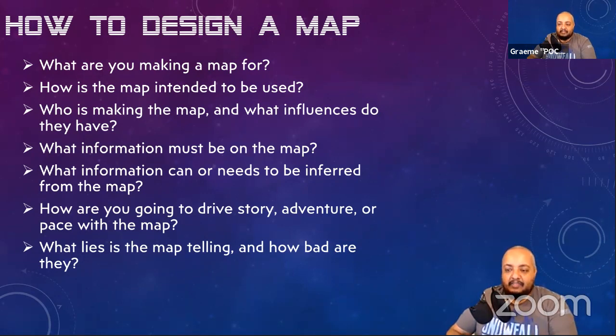Is it going to be used for navigation? Is it going to be used to communicate levels of, like I had earlier, air quality or something like that? Is it there to communicate populations?